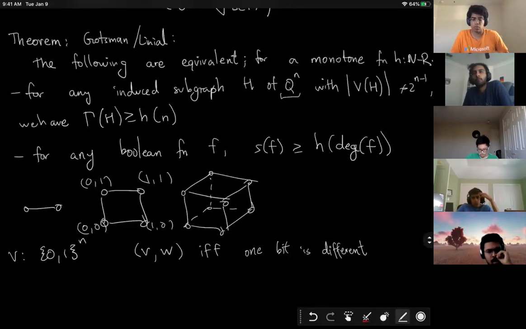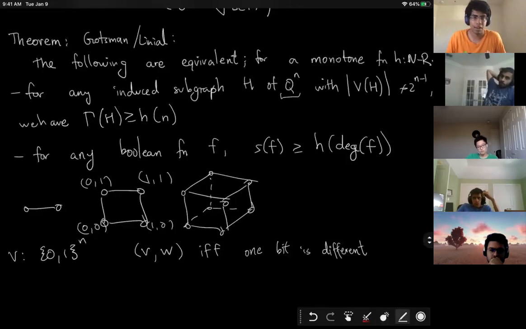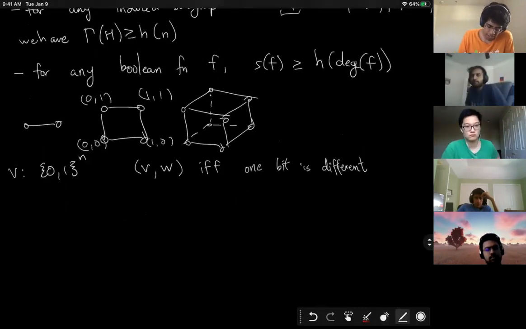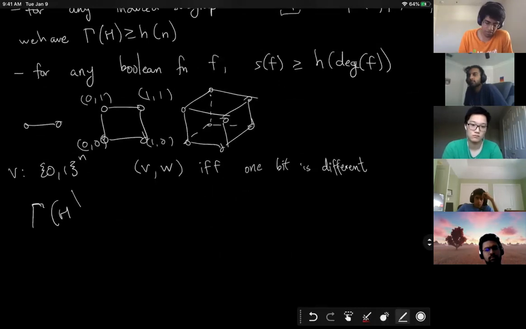So this theorem is saying, okay, V of h. What is V of h? Is it the number of vertices? Yes, that probably is correct. V of h is the number of vertices, and this capital gamma, I think it's a capital gamma. The capital gamma of h, I don't know if it's standard notation, is defined here.